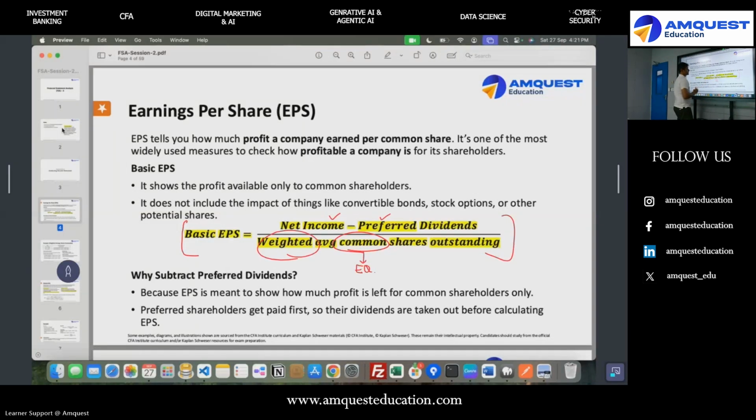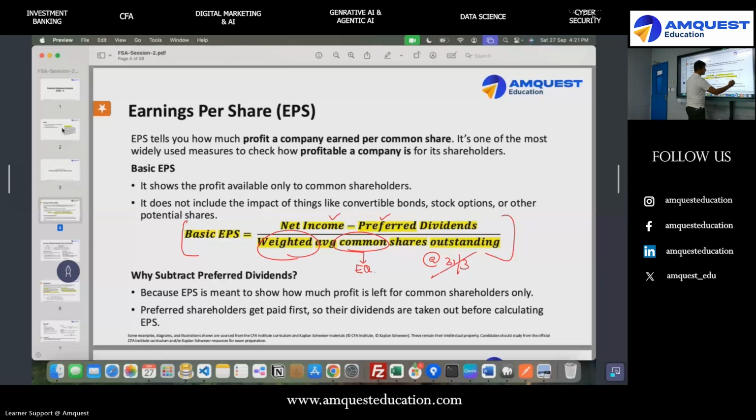Why weighted? Okay. Now, you know shares are basically outstanding throughout the year. But it could be possible that some shares were issued at the start, at the mid, or at the end of the year. Or maybe some shares were bought back somewhere in the middle of the year, right? So I can't just take the shares outstanding at 31st March.